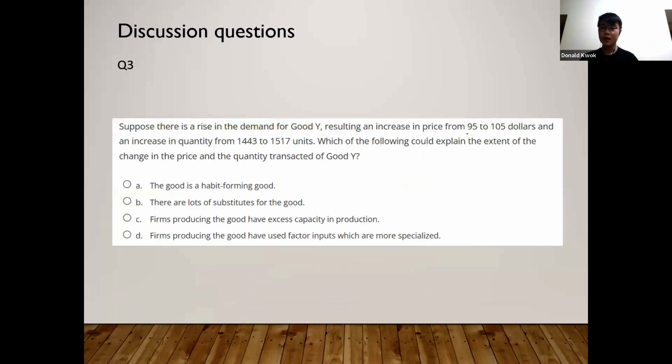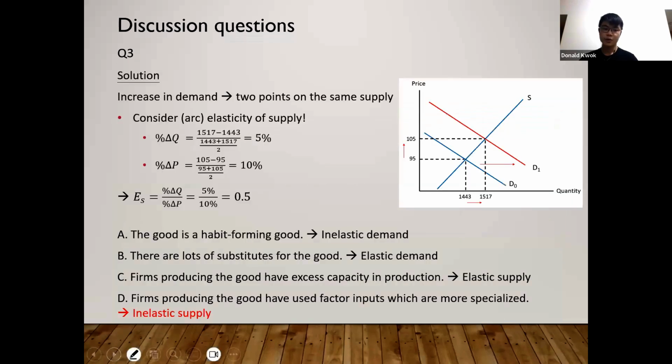So we have two price quantity pairs here, right? And this is why we can use the midpoint formula to help us calculate the value of the elasticity. However, are we calculating the elasticity of demand or elasticity of supply? From here, we know that there's an increase in demand for good Y, right? So referring to the graph here, we are actually considering 2 points on the same supply curve.